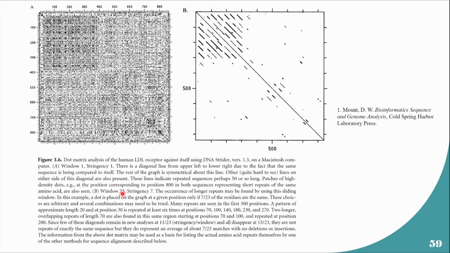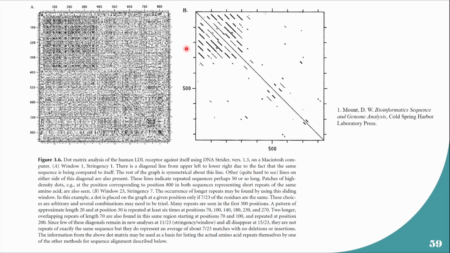This was done with a window size of 23 and a stringency of 7. So out of 23 components taken as a window, if 7 of them had an exact positional match, then that was counted as a dot in the right hand side plot. And in this particular case, you are seeing some sort of patterns. What is interesting about this particular plot is that it is a same sequence versus same sequence plot.